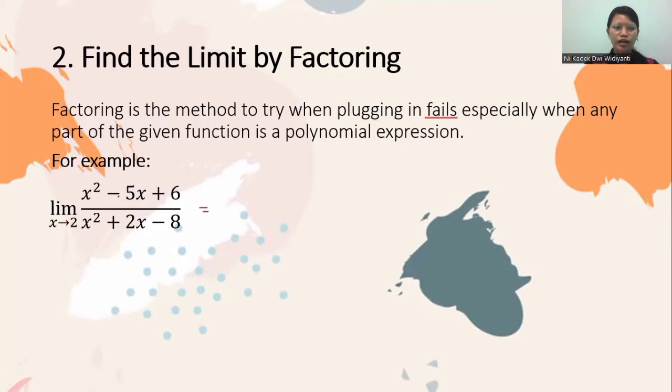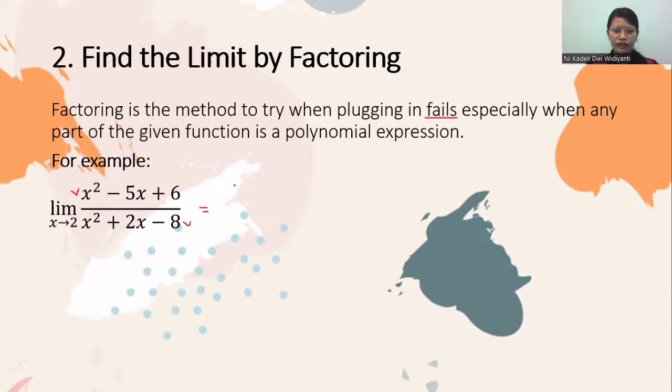The limit of x squared minus 5x plus 6 divided by x squared plus 2x minus 8 as x approaches 2. The first thing we should do is factor this function, the first function and the second function.